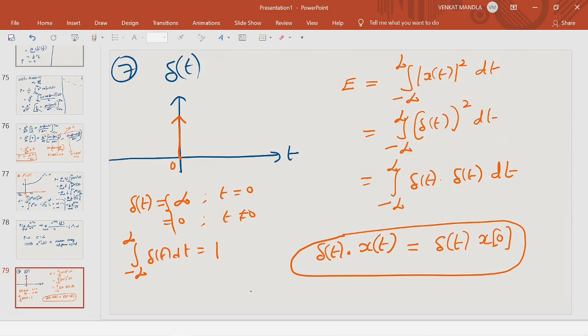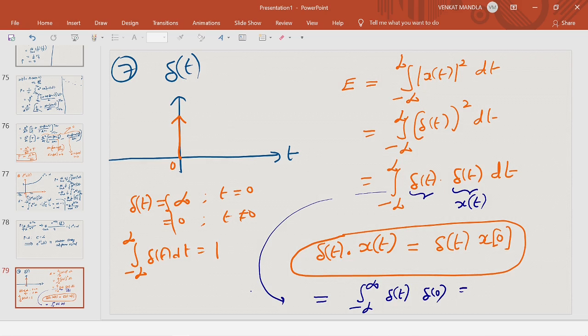So here, del of t into del of t. How to write this? Energy is the integral from minus infinity to plus infinity. Let us say one is del of t, one is some x of t. I will write del of t into x of 0, so x of 0 is del of 0, and the integral of del of t into del of 0 at t equal to 0.